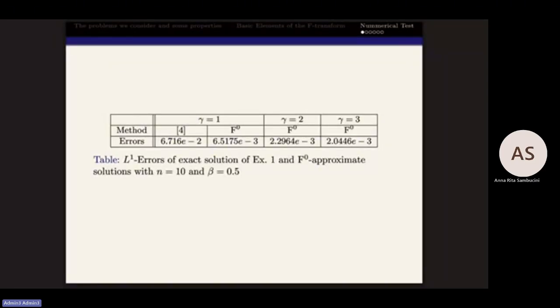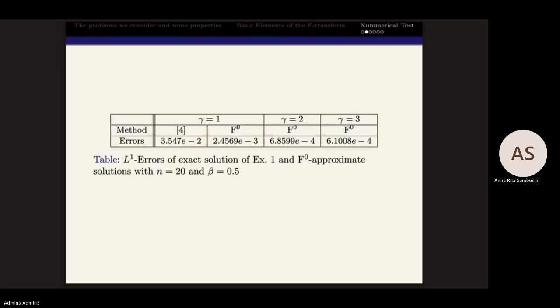You can see that from here, gamma equal to 1, we have the uniform partition, and this is a graded partition. And you can see that in here, the result is much better compared to this result.